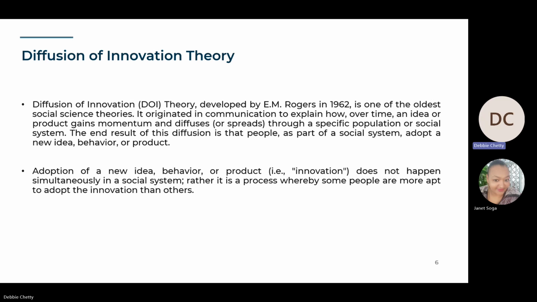So the end result of this diffusion is that people, as part of the social system, adopt a new idea, behavior, or product. Right? So adoption of a new idea, behavior, or product, which is innovation, right? Because remember, innovation means to develop something new. It does not happen simultaneously in a social system; rather, it is a process whereby some people are more apt to adopt the innovation than others, right?